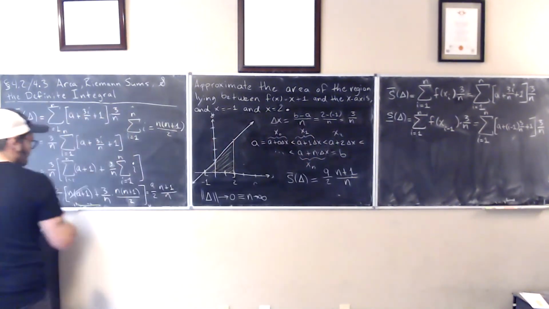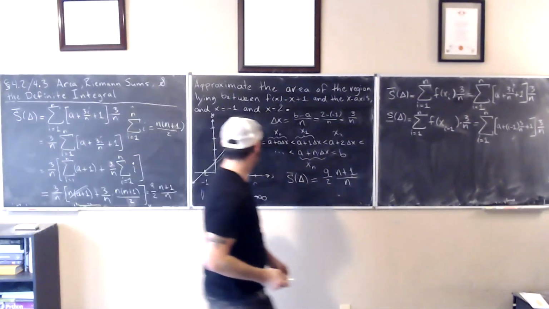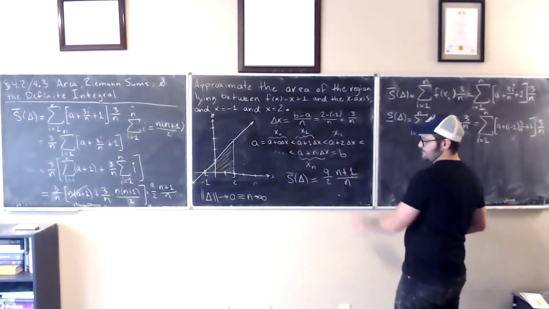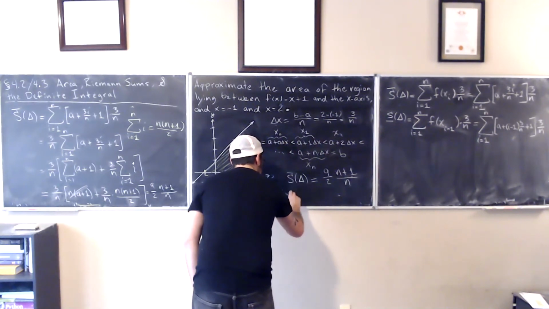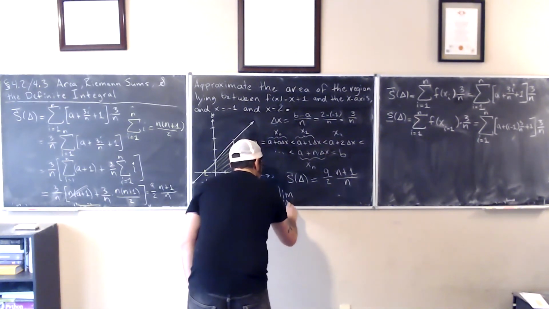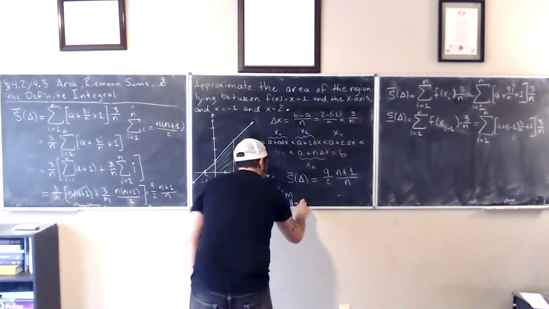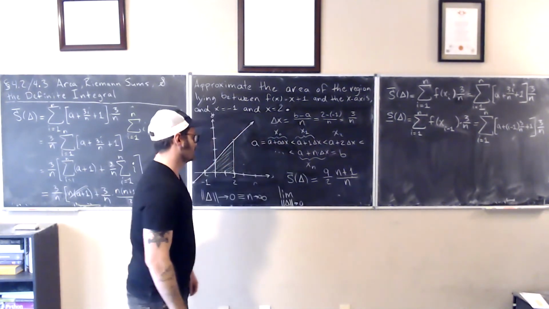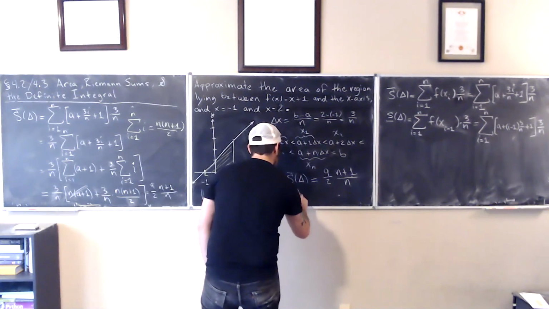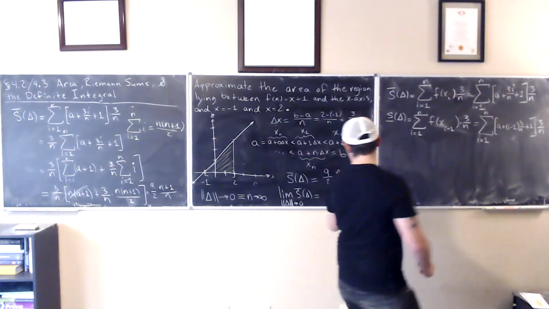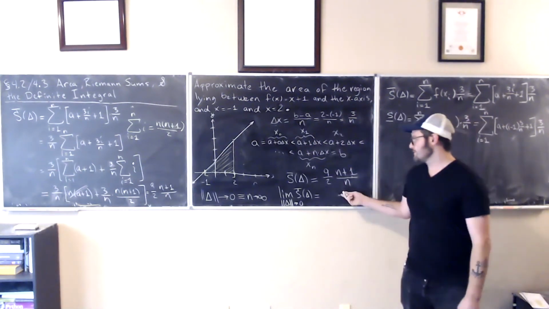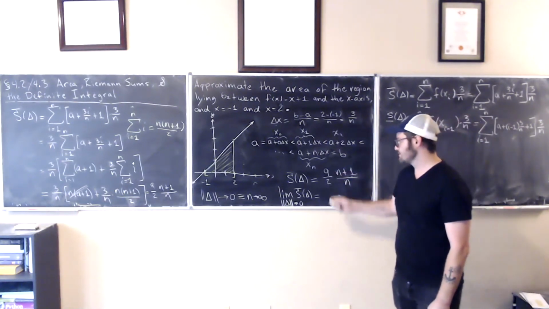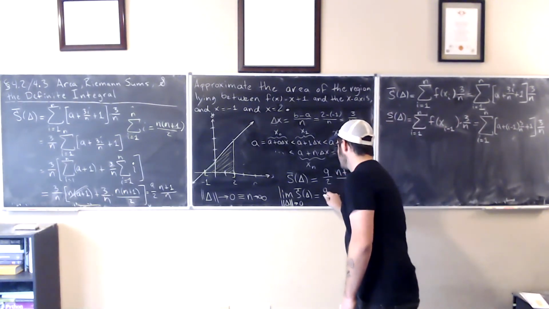Well, what happens when we look at that limit here? If we look at the limit of the upper sum as the length of the maximum interval goes to 0, that's like taking n to infinity here. What is that limit? The limit as n goes to infinity of this is 9/2.